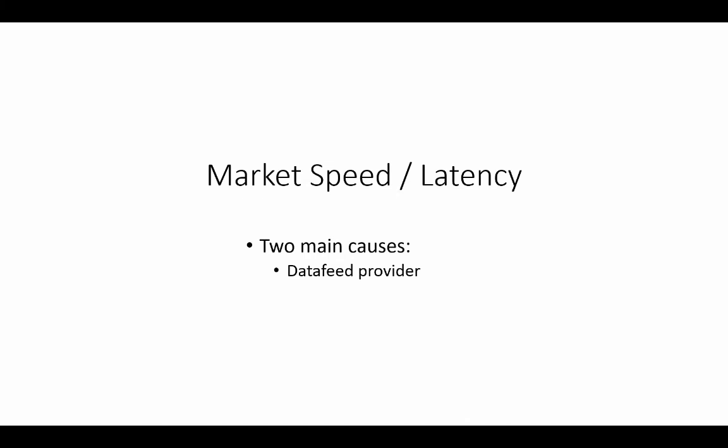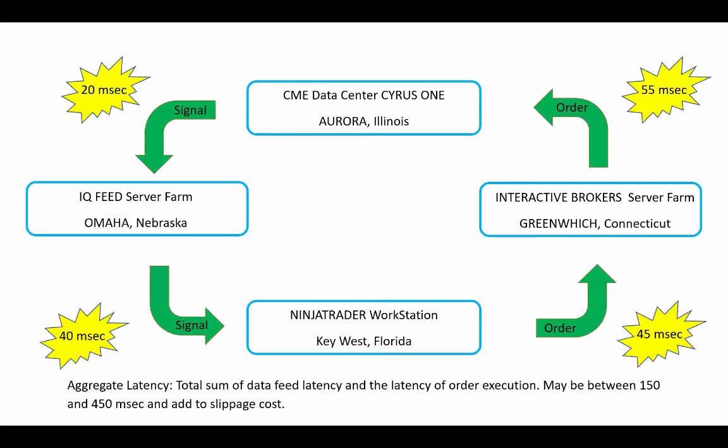And then also latency of order execution. When an order is generated by your platform, it is first sent to the broker access point and then checked against margin requirements and then sent on to the exchange. So this is just to visualize how this happens.